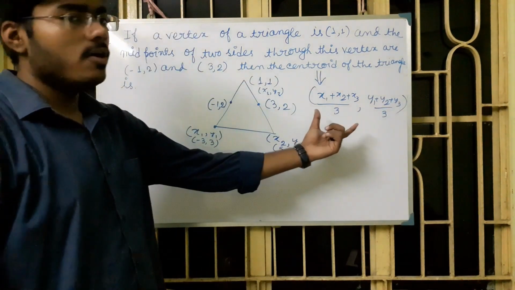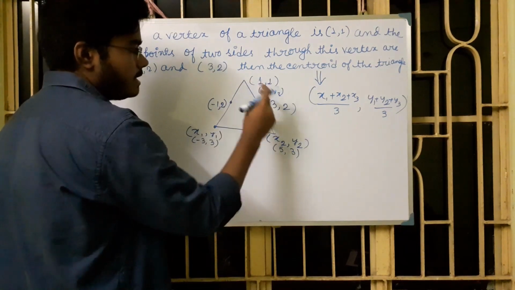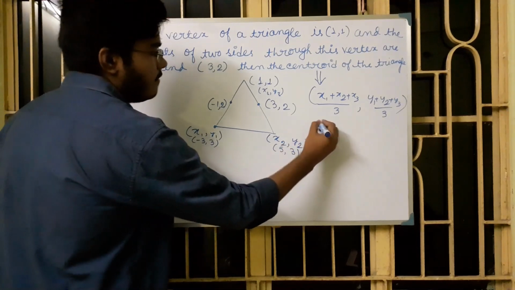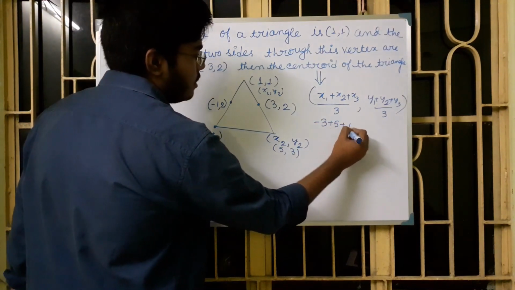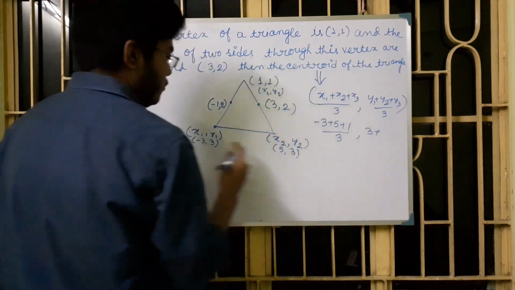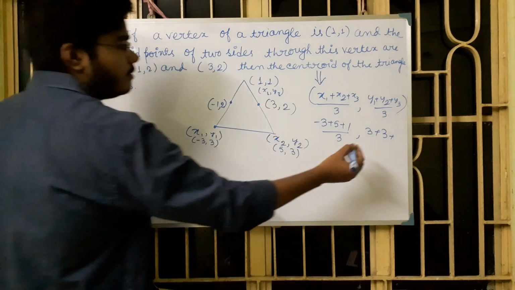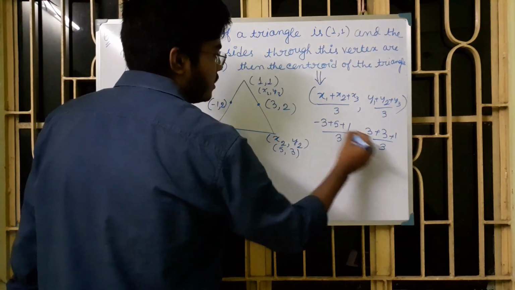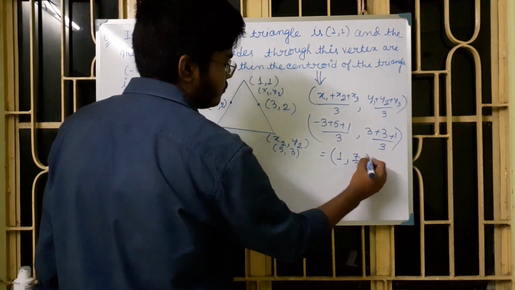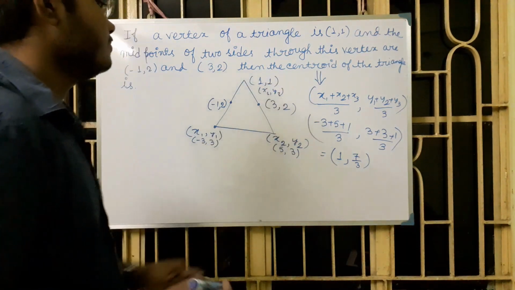So this is the formula of the centroid. So x1 plus x2 plus x3 is minus 3 plus 5 plus 1, upon 3, comma, (y1 plus y2 plus y3) upon 3, that is 1 comma 7 by 3. 1 comma 7 by 3 is the answer.